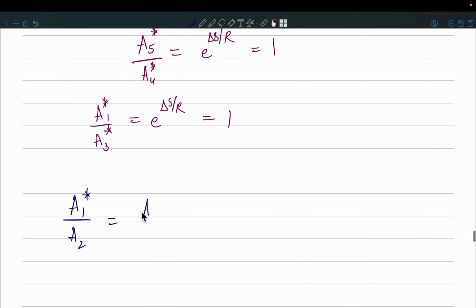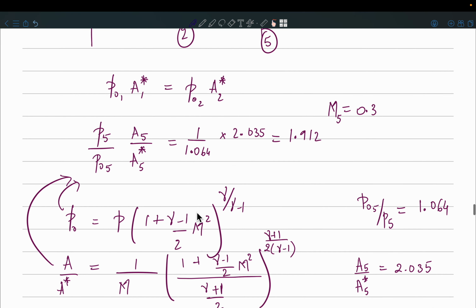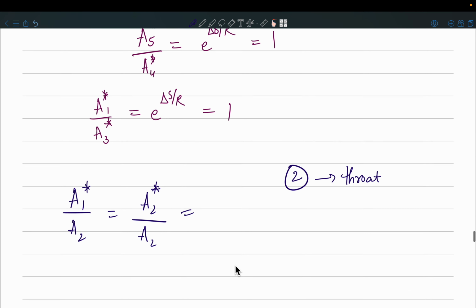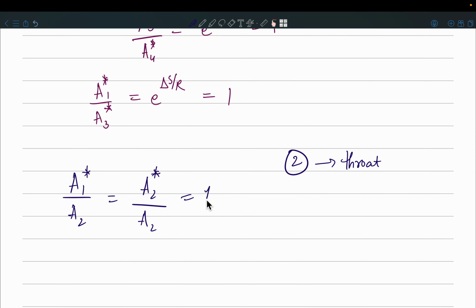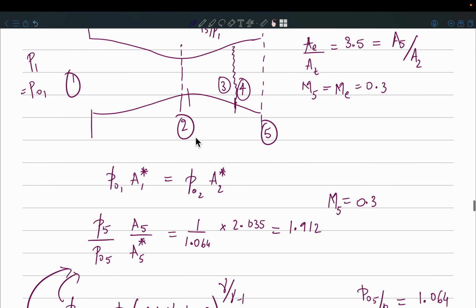It is equal to A2 star by A2. And A2, what is section 2? It is my throat. What happens at the throat? Sonic flow. Right? So the flow is sonic. So what is the value of this going to be in your area Mach relation? 1. Isn't it? Did you understand this? Okay, so the flow is sonic at the throat. So I will get A2 star by A2 is 1.